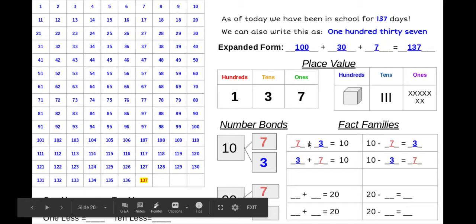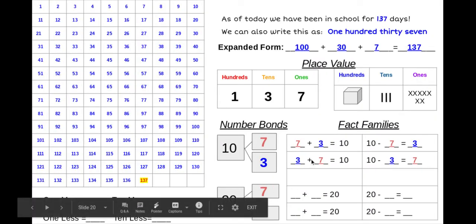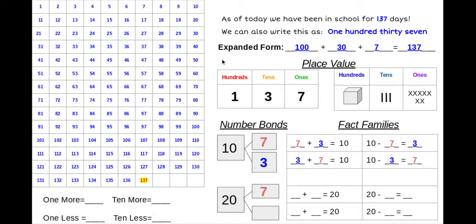Just like back in the classroom, I made them different colors so you can see how they flip-flop back and forth. Now we're going to be looking at 20 as our large number.